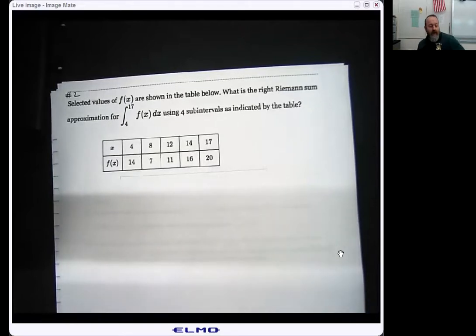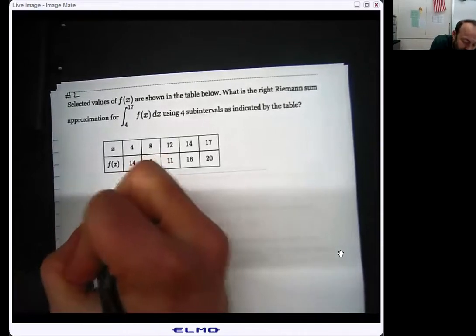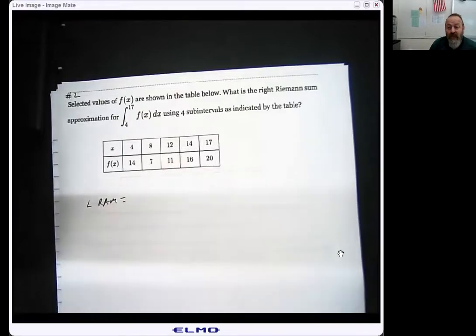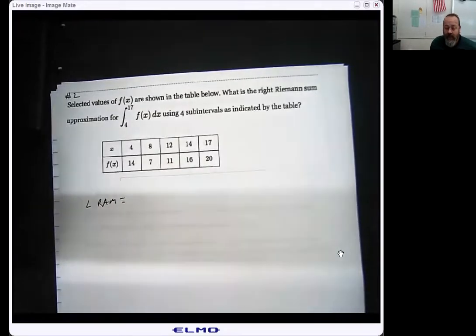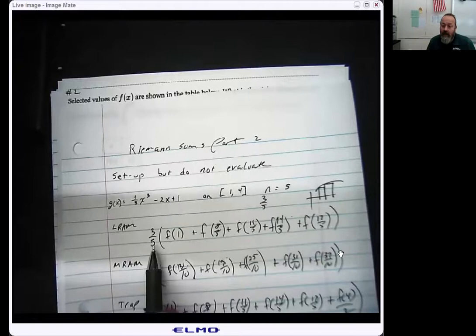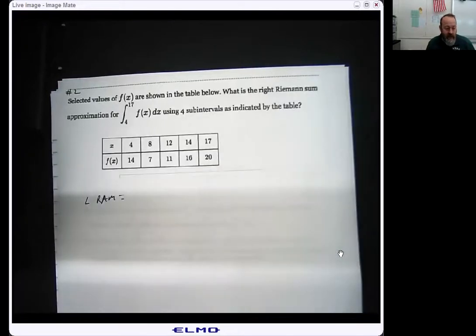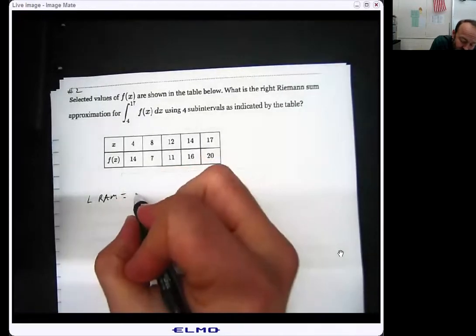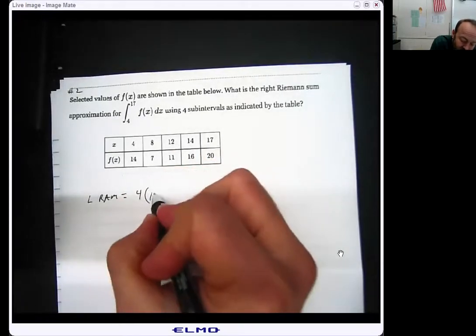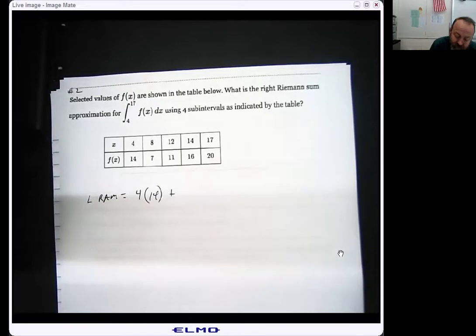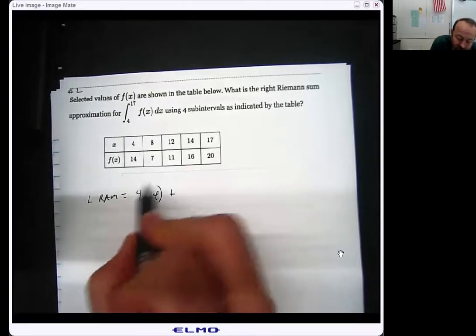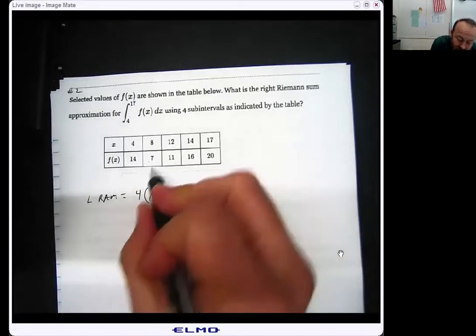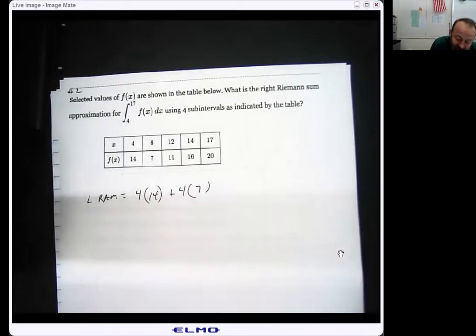So again, when we do left side Riemann sums, what's going to be interesting is we can't set it up like we did over here where we just say, hey, all of the bases are going to be the same, because these bases change. So my first partition is 4 units wide and its height was 14. My second partition from here to here is also 4 units wide, but on the left side, its height is 7.